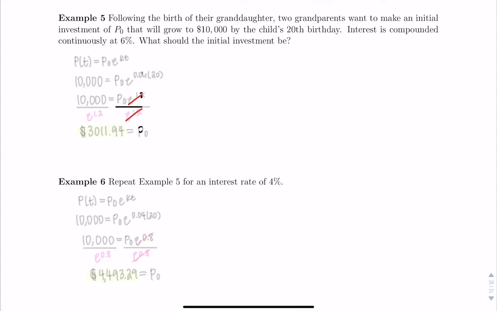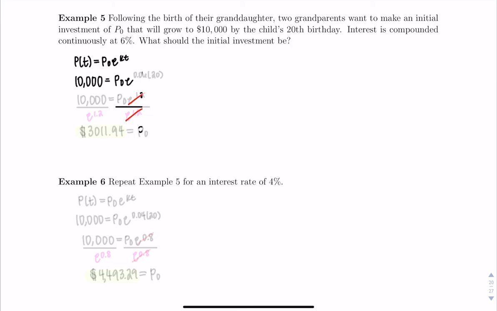So continuous compounding is given by P of t equals P naught e to the kt. We want to know what P naught is. We know that the end goal, which is P of t, is $10,000.